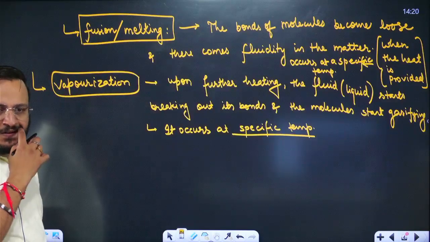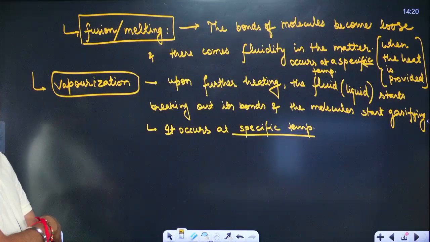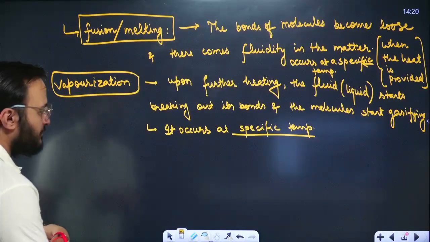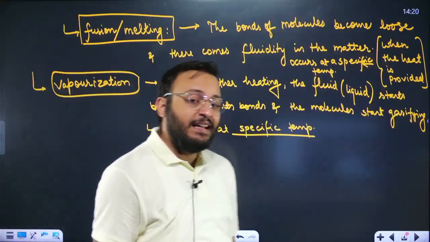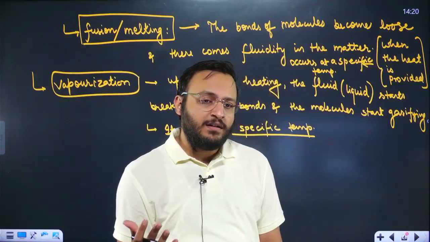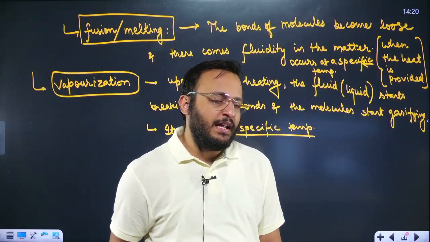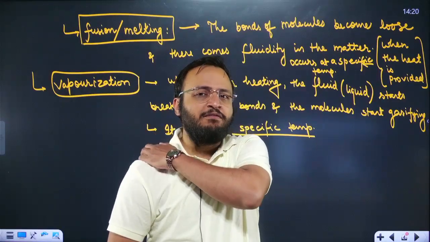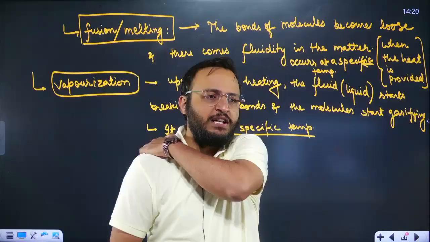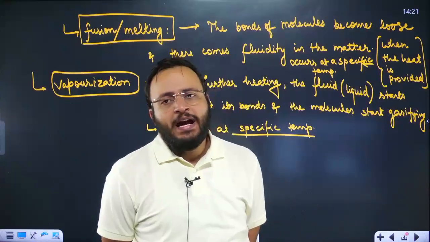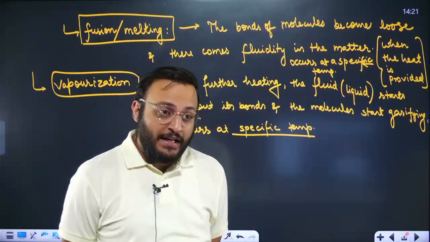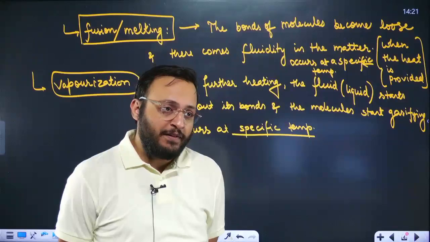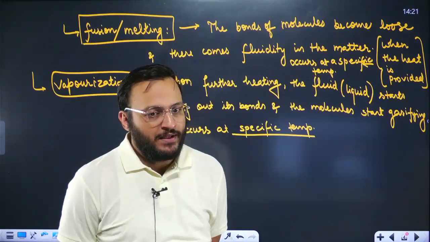Okay, actually both of them have their own specific temperature. You cannot vaporize any particular component or any particular thing at any particular temperature. For each and every material, for each and every matter, we have a very specific boiling point, we have a very specific melting point.